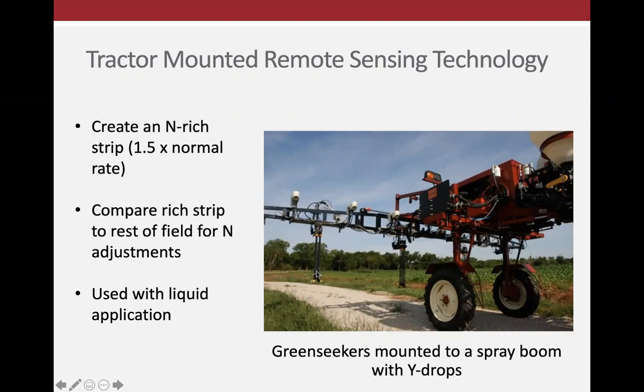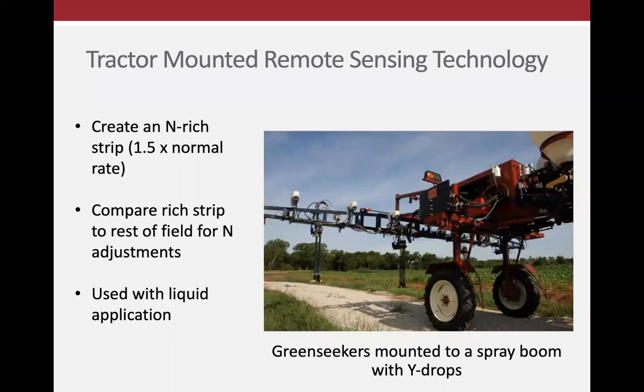And then when it does that, it will either increase or decrease the flow rate individually on each one of these drop tubes. And you essentially are fertilizing in-season corn, and it provides the opportunity to really tighten your nitrogen management and provide the nitrogen that the crop needs, not too little, not too much.